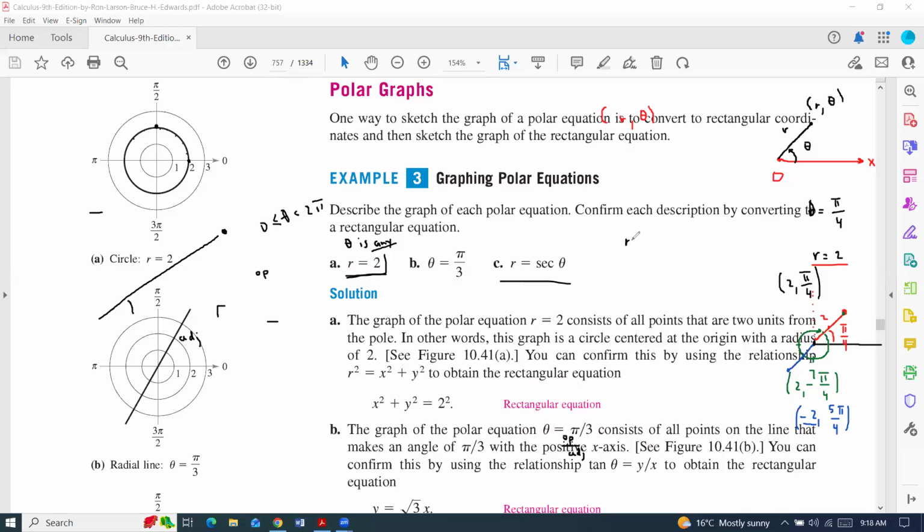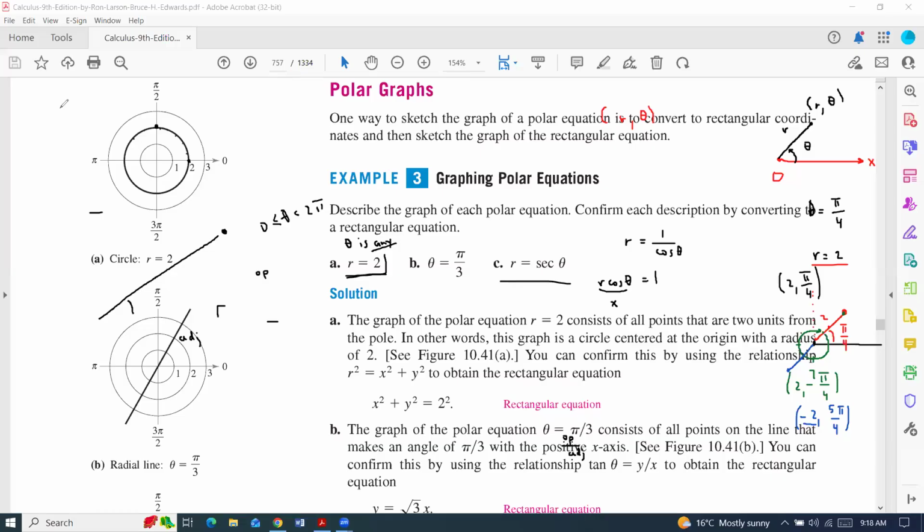So if you look at the other case, r is equal to secant, and secant is 1 over cosine of theta. Then I can multiply by cosine of theta both sides and see that this is x. You see, why is that? Well, because of the definition of conversion of x and y.